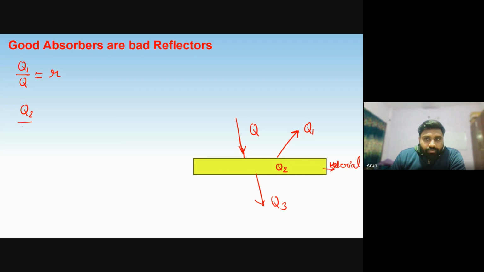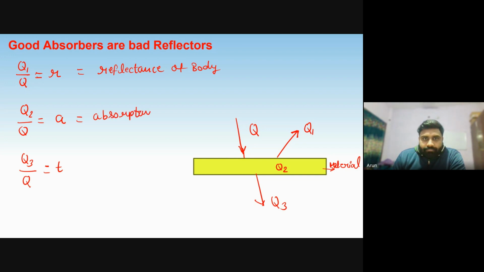Q2 upon Q, the heat absorbed, is A. Q3, the transmitted heat, divided by Q is T. So this r is termed the reflectance of the body, this A is called absorptance, and this T is termed transmittance.